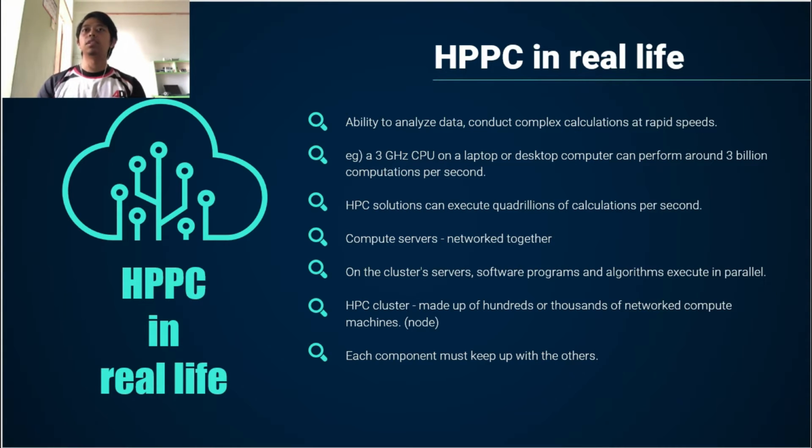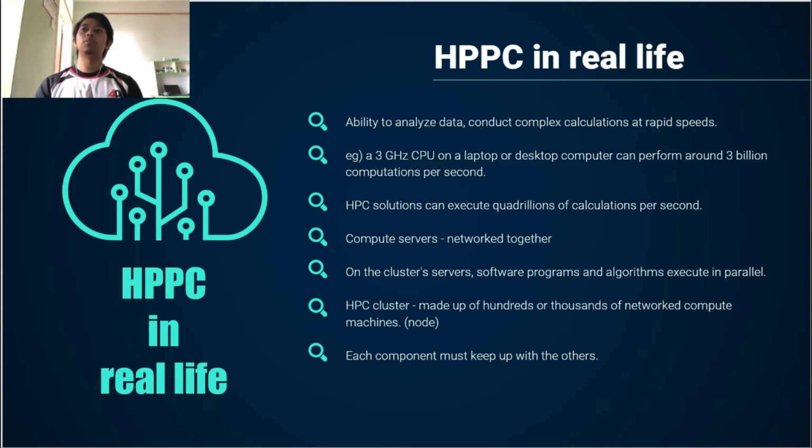On the cluster server, software programs and algorithms execute in parallel. An HPC cluster is made up of hundreds or thousands of networked compute machines. Each server is referred to as a node. Each cluster's nodes work in parallel with one another, enhancing processing speed and enabling high-performance computing.